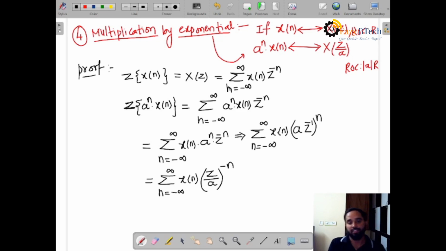We can write like this because a inverse means a power minus 1, minus minus will become plus a. Now by comparing this summation with the Z transform formula, what we can observe is that in the place of z we have z by a, therefore the total will become X of z by a.